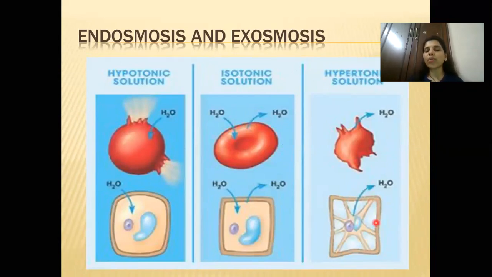So when you're talking about the cell wall of the plant cell, the cell wall will not be moving. Because it's rigid, it will have the same shape, but the cell membrane will change its shape. Now, because the cell membrane is moving away from the cell wall, this particular condition in the plant cell is known as plasmolysis.